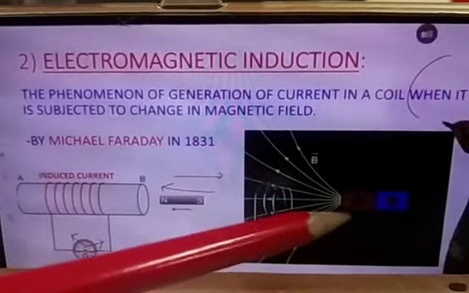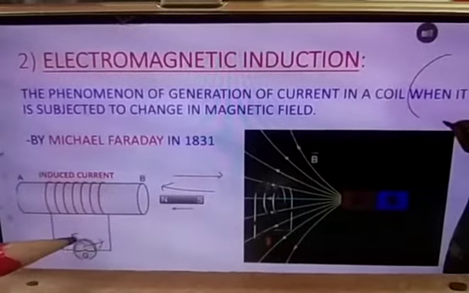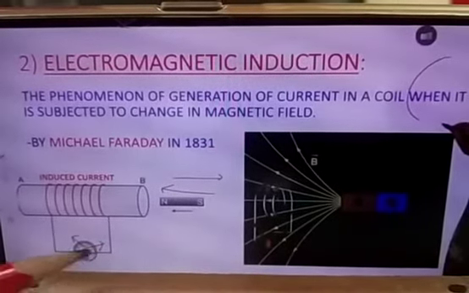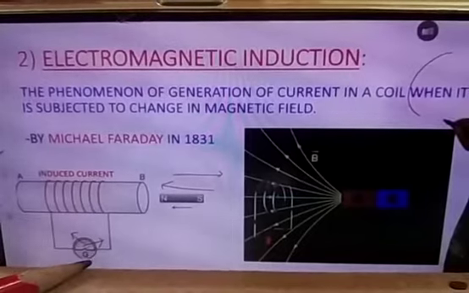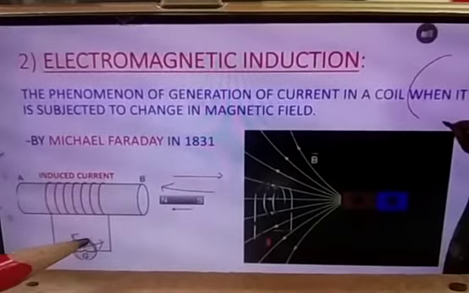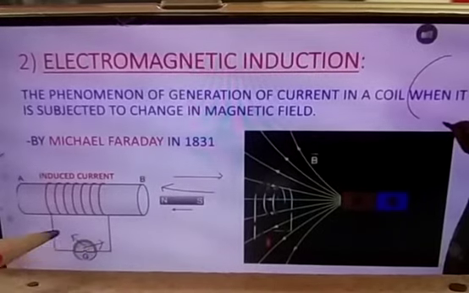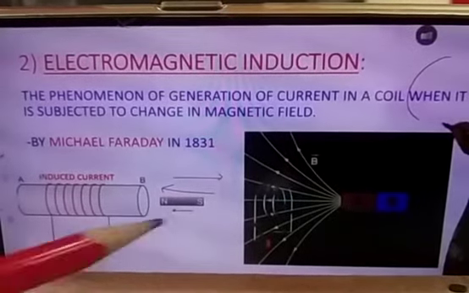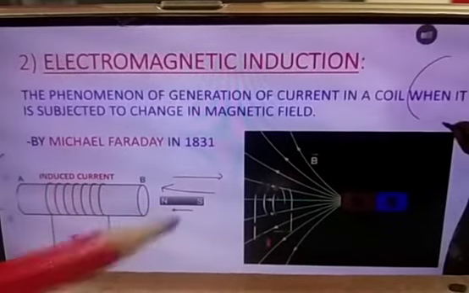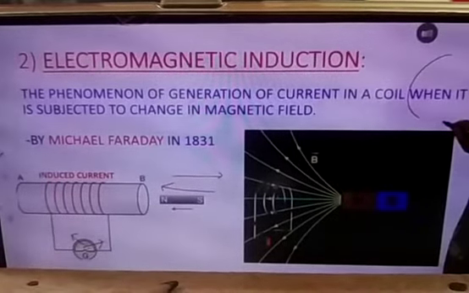Once it comes front, it will deflect to the right. Once it goes back, it goes the other way. It will not be 0. If it is 0 it means no electric current is there. If it deflects to the right or the left, it will be opposite. Once it is coming front, it will be one direction. Once it is going back, it will be the opposite direction.